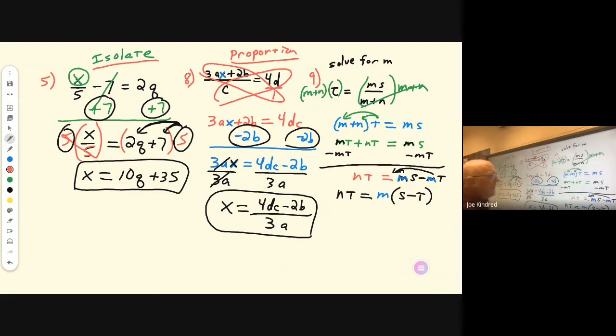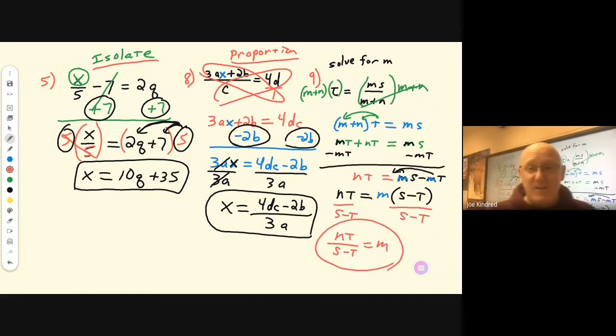So that factoring out helps us because now there's M by itself. The last step is to divide by S minus T. And believe it or not, this is your final answer. This is M. There you go. That's M.